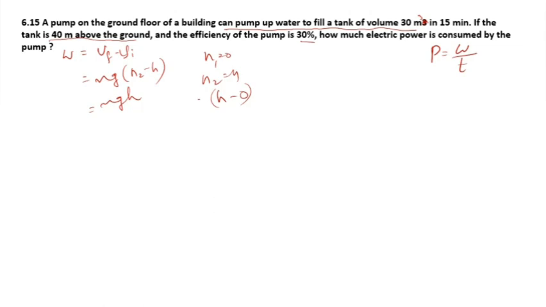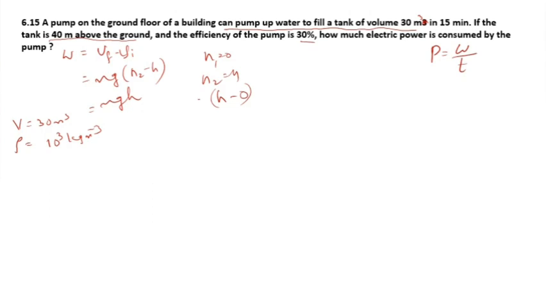Okay, so what's the mass? If you want to calculate the work done, mgh, m is the mass of the water filling the tank. They have given the volume, that is 30 meter cube is the volume of the tank, and we know the density of water, which is 1000 kg per meter cube.